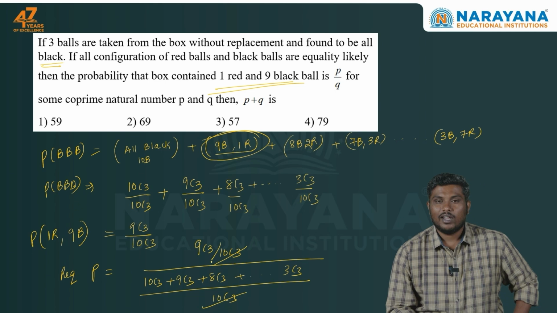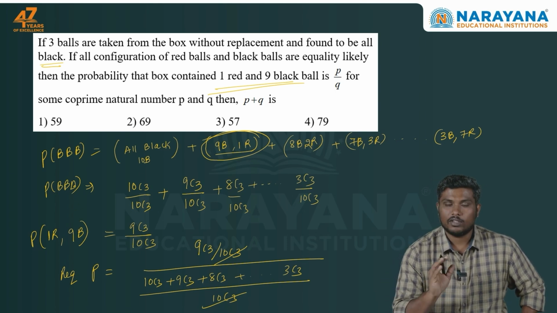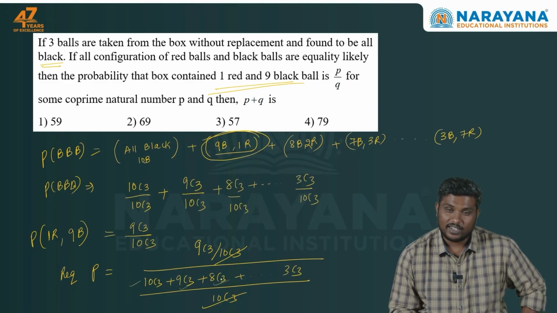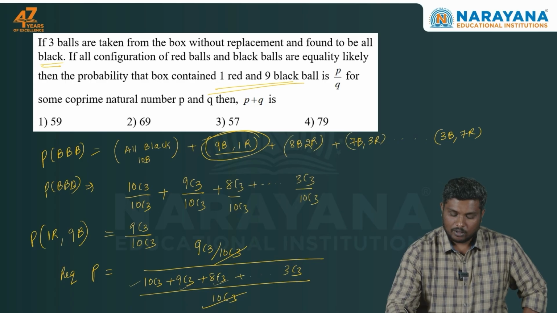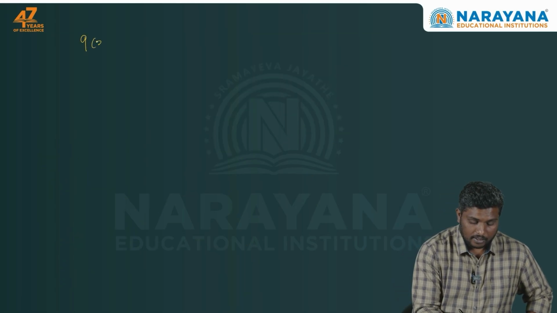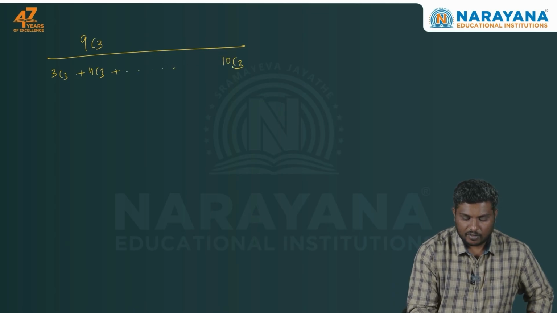Guys, once again, if you are able to recall one beautiful formula here, you could solve this in a matter of seconds. But again, if you have to calculate what is 10C3, 9C3, 8C3, then you're going to take time. So what is that property here? 9C3, what is remaining here? 9C3, and from 3C3, 4C3, so on till 10C3.